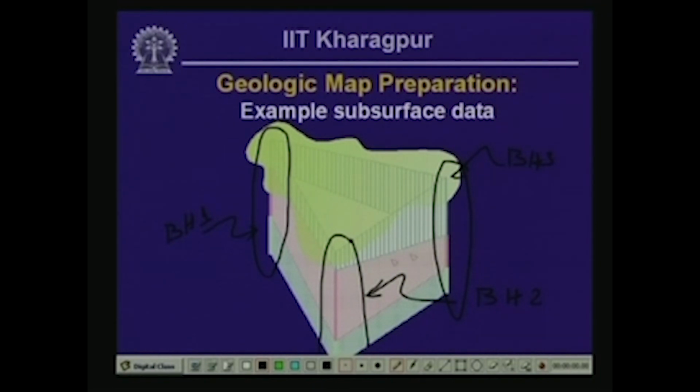For example, let us consider borehole 1. In this one, this is unit 1, it could be a surface soil, then there is unit 2, which could be a soil of an earlier age, and then there is unit 3.